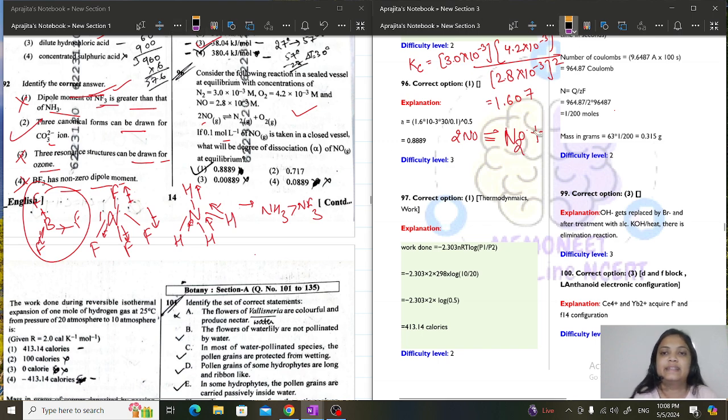So we can write it like this. If it's C minus alpha, here we can say C into 1 minus alpha, then it's alpha if alpha is the degree of dissociation.